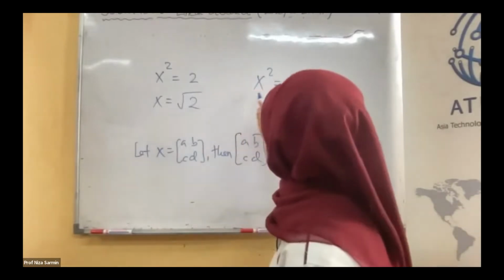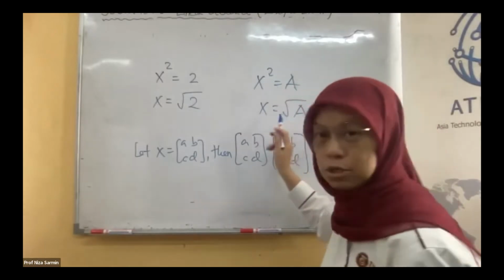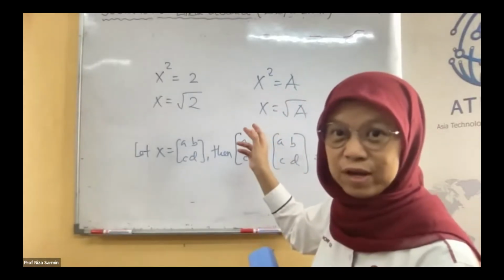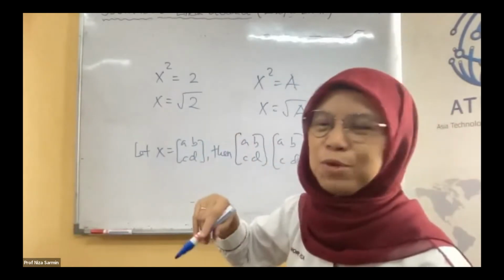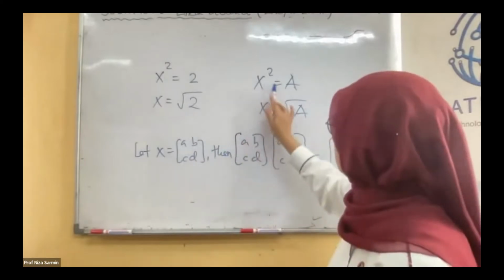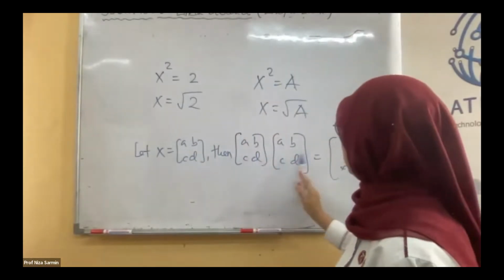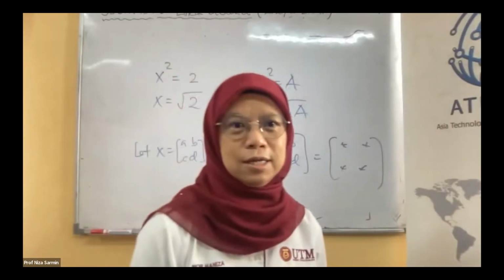So the question gives you, its square is A, x is actually the square root. It's not exactly finding the square root as the normal square root. There is no formula, but let the square root be like this. So you know x squared is A, you multiply it twice, equal the A, and then you get the equation.